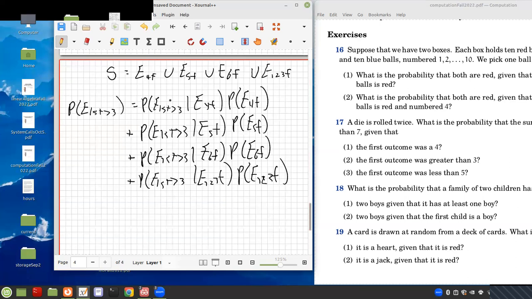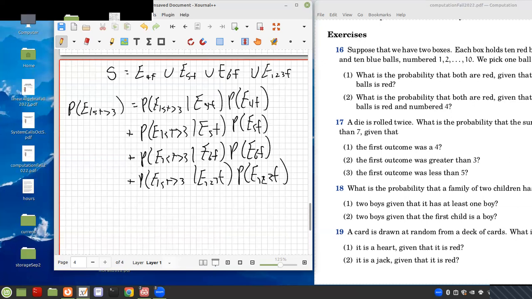What's the conditional probability that the first one is greater than 3 if the first one is a 4?